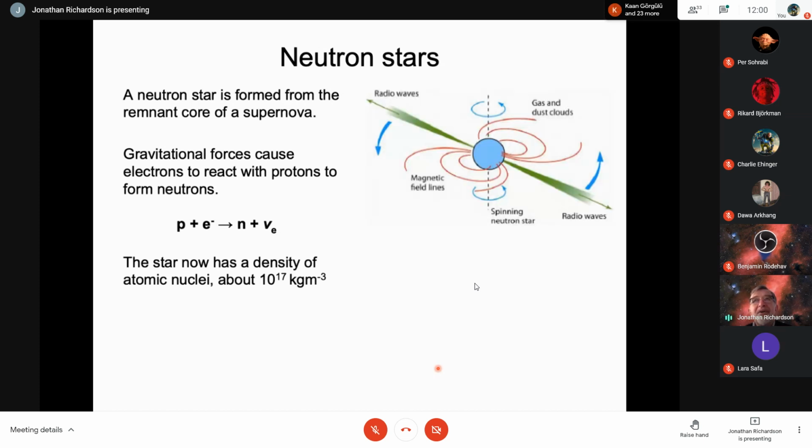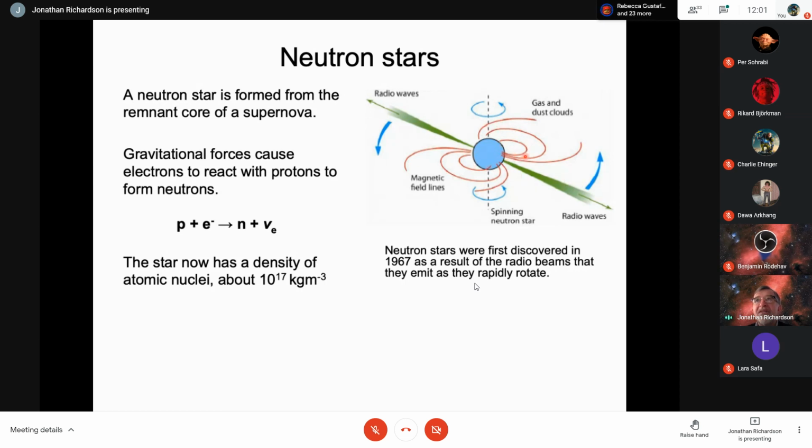So what we now have is a star which is super dense. The star is spinning, and because the star is spinning, this is going to display for us the processes where this energy is being emitted from the side of the neutron star.